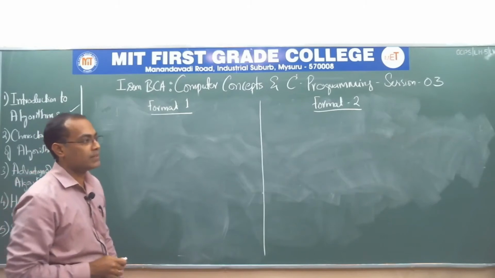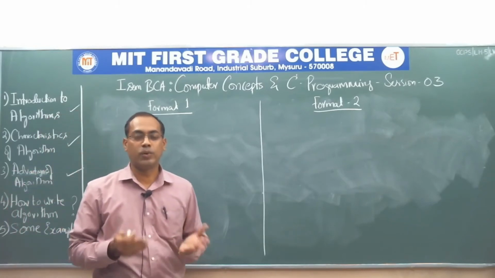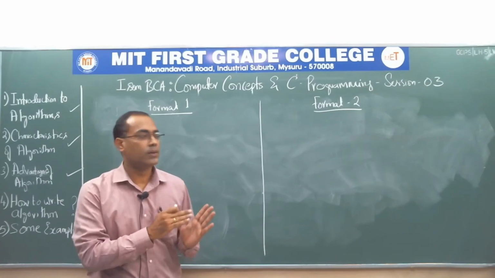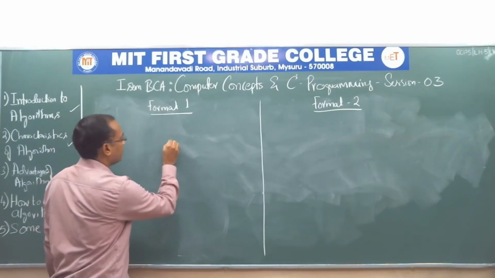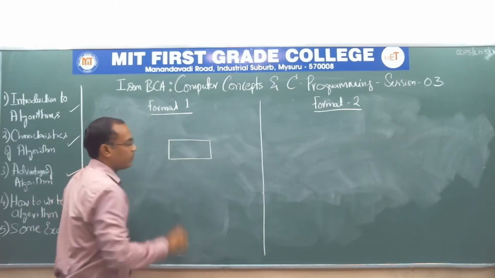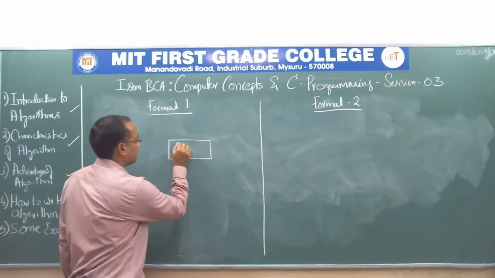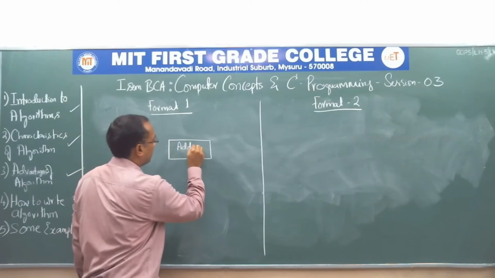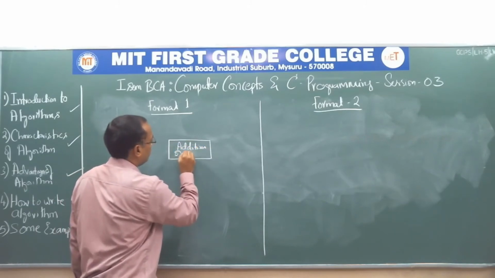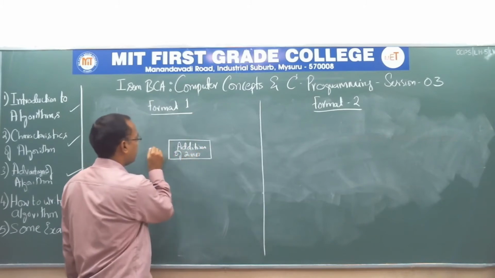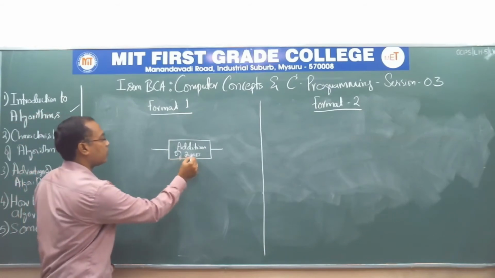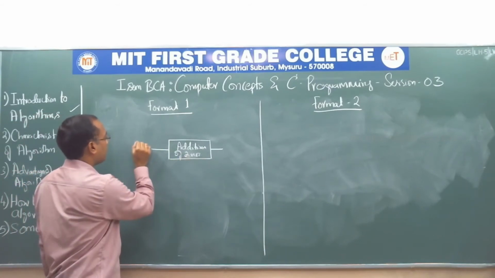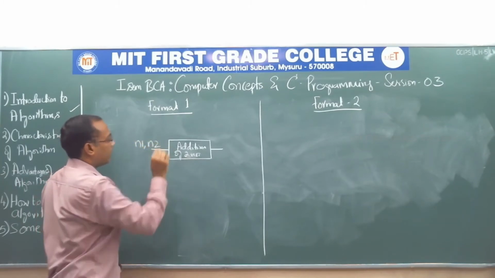Let's take a simple example of addition of two numbers, and then we are going to explain both the formats. Addition of two numbers is a very basic and fundamental program. So you can just write it as addition of two numbers. If this is a process, how many inputs do you have to give? Obviously two inputs. You can call them either A and B or N1 and N2.